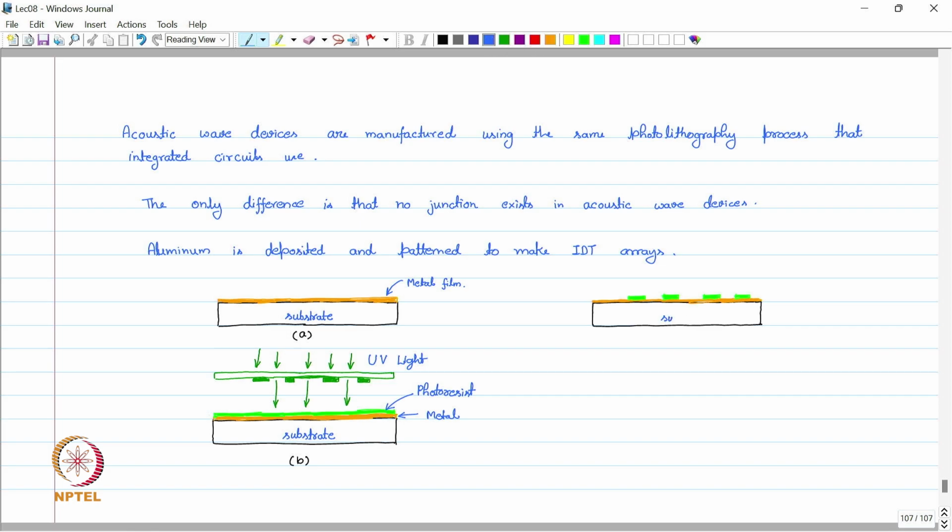This is the substrate, and this is the photoresist.